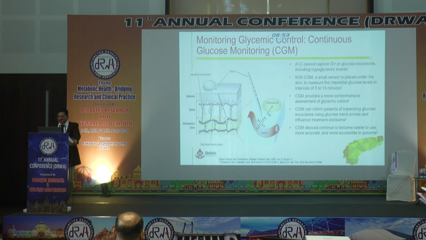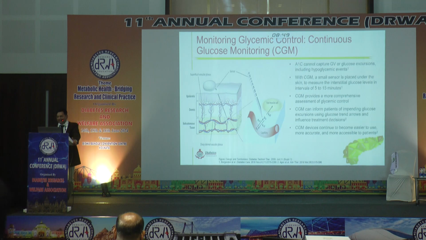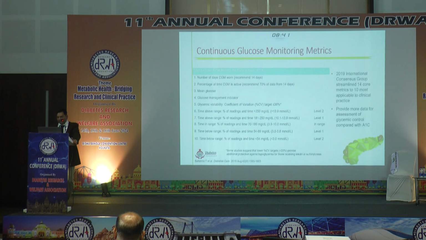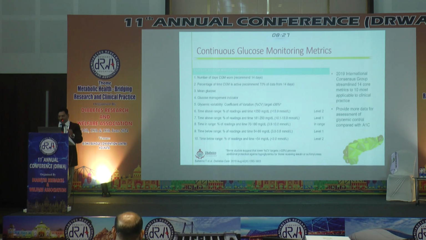It provides a comprehensive assessment and can inform the patient of impending glucose excursions, with alert arrows. This device continues to become easier and will possibly be more cost effective if some research product comes from the Indian subcontinent. There are various metrics.